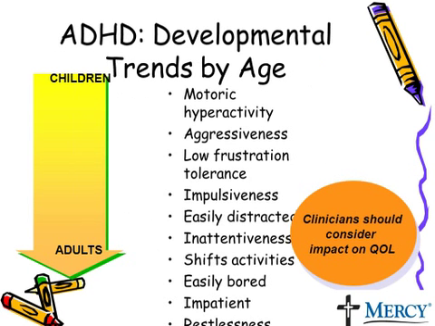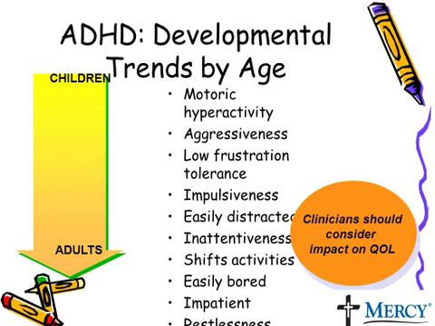I like this particular slide because it shows the developmental trends over age. You can see younger children may be more hyperactive, aggressive, and low frustration tolerance. And that happens from young children, again, through adulthood.